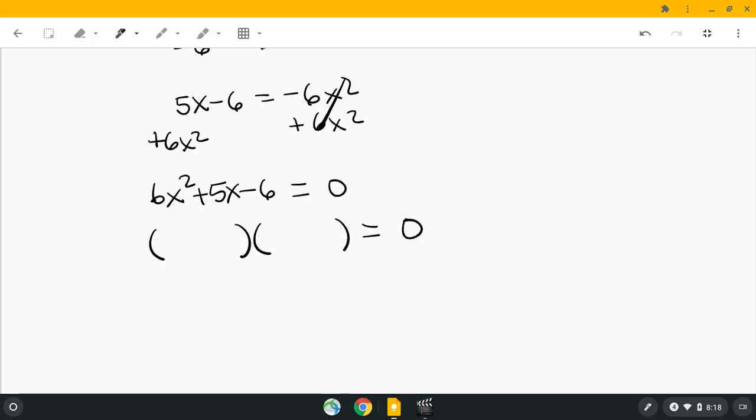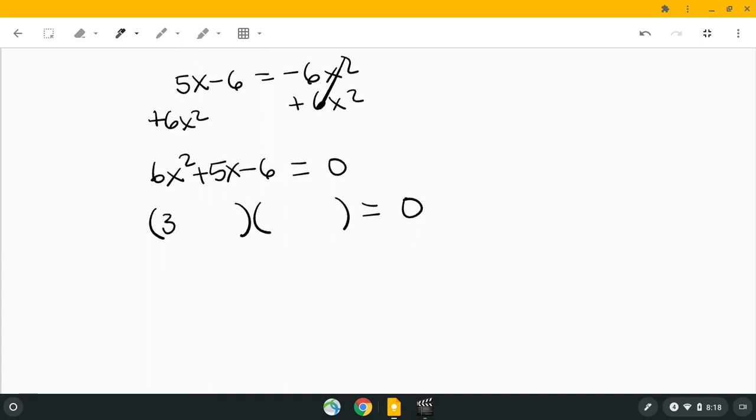I'm going to go with 3x and 2x to make 6x squared. The signs have to be different. We can fix it later. And let me try 3 and 2 as well. So let's try 3 here. No, can't do 3 there. Let's do 3 here and 2 here.